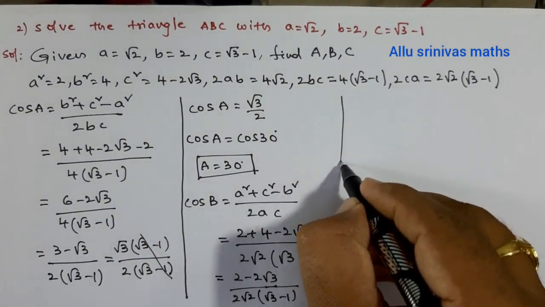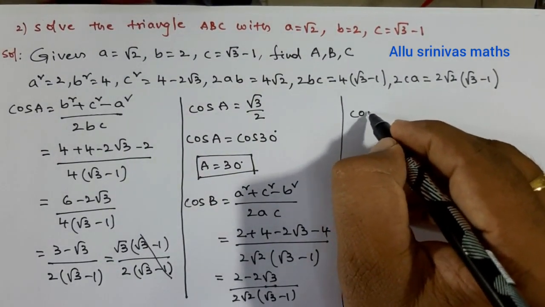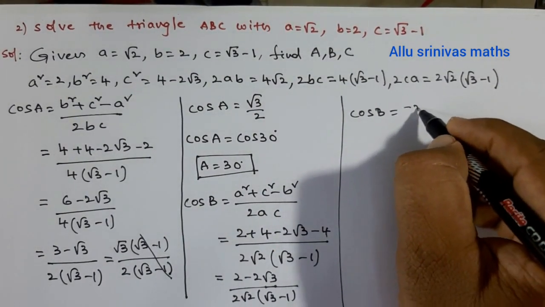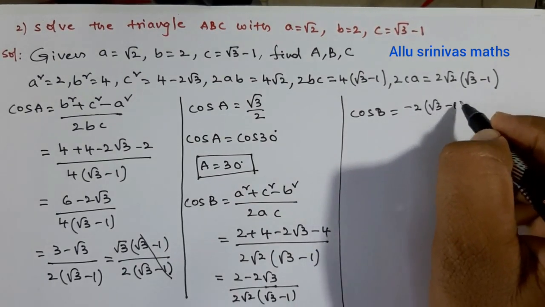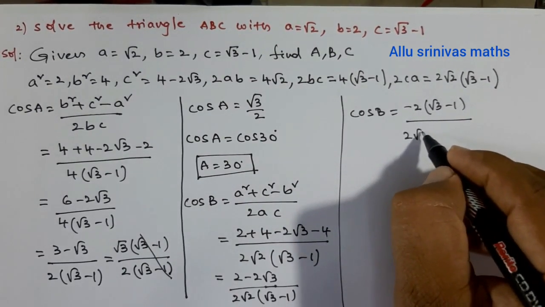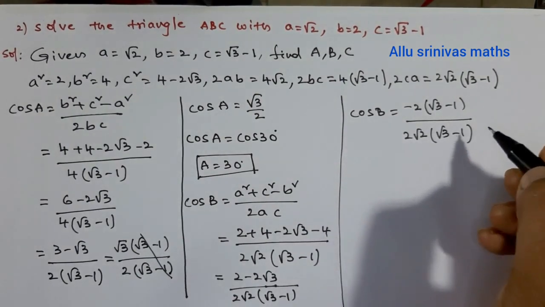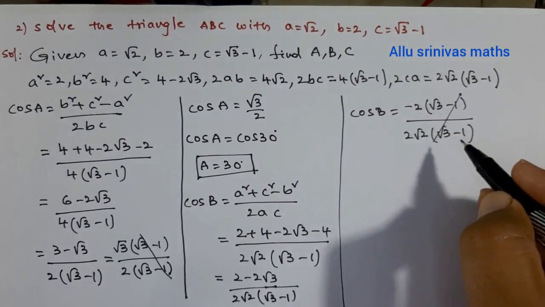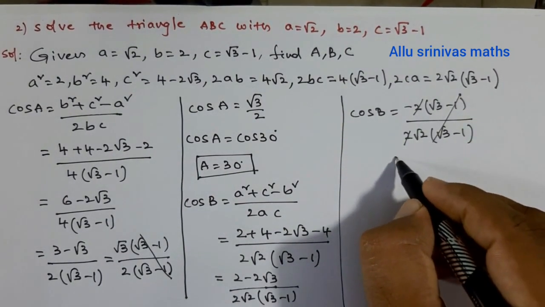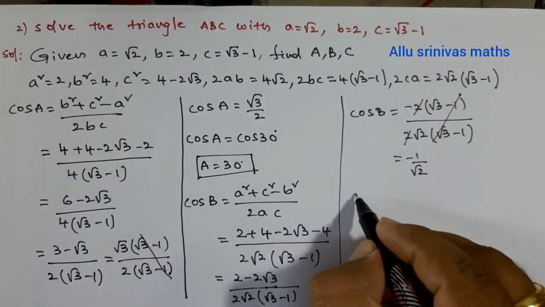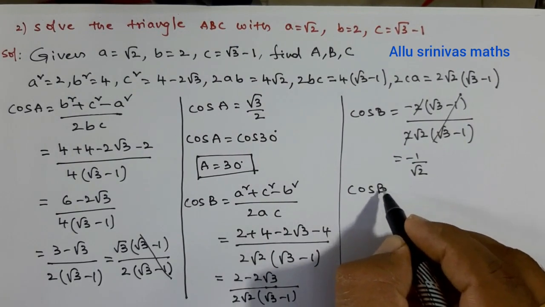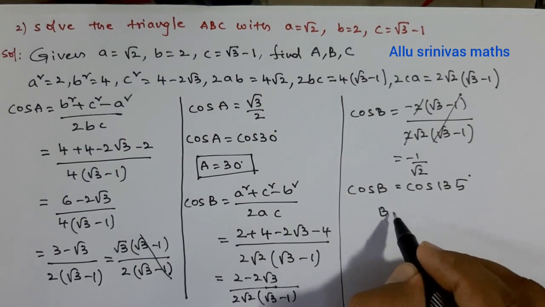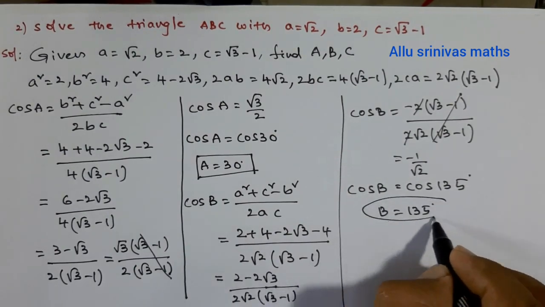We take the numerator common: from the 2 terms, minus 2 take root 3 minus 1. Denominator 2 root 2 into root 3 minus 1. The numerator and denominator root 3 minus 1 cancelled, and 2 cancelled, and the remaining is minus 1 by root 2. Minus 1 by root 2 can be written in cosine terms as cos 135 degrees. On both sides cos is cancelled, and the required angle is B equal to 135 degrees.